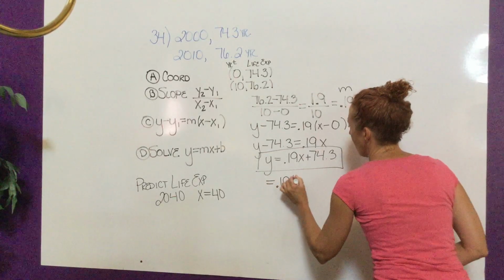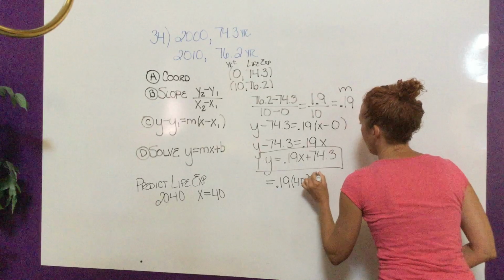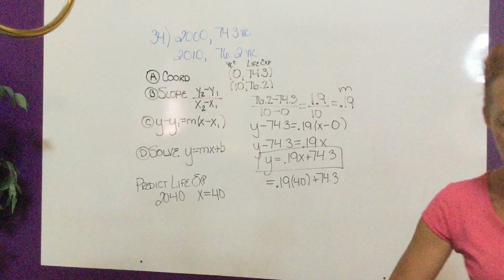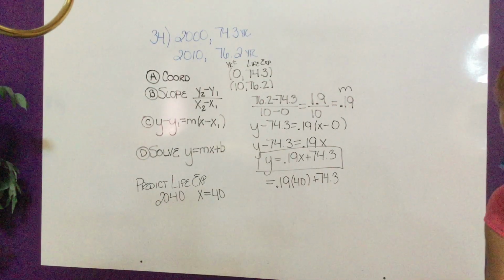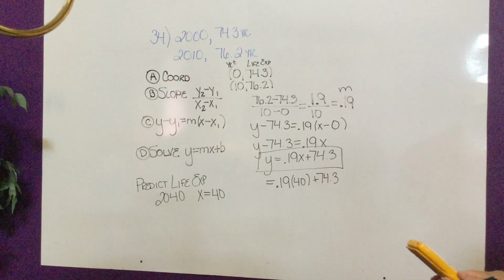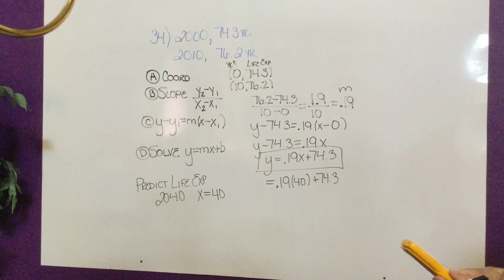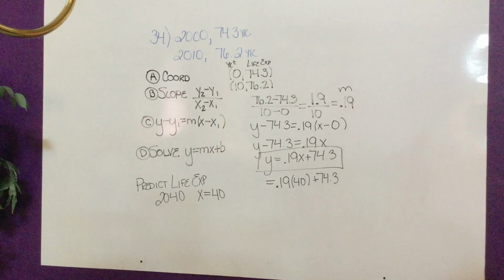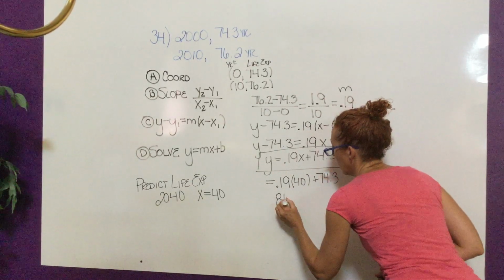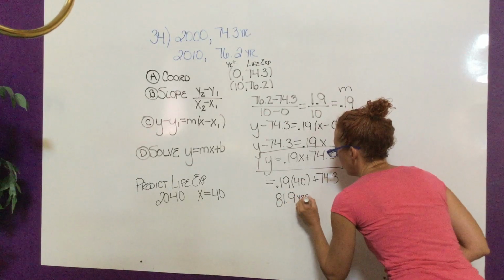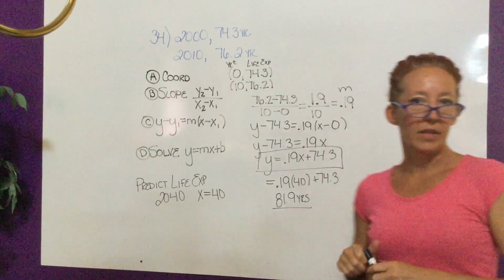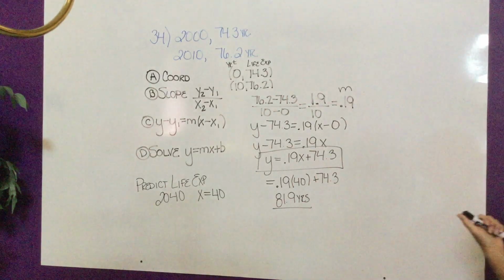So 0.19 times 40 plus 74.3. And then I would take that to, it's going to be right around 82, I'm predicting. But let me just plug it in to be accurate. 81.9. And that's hopefully brought you success.